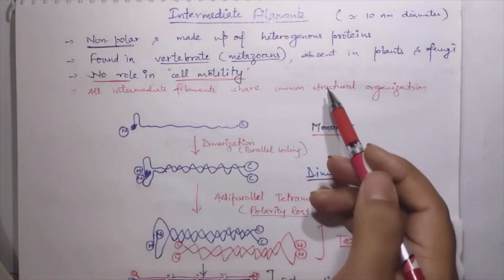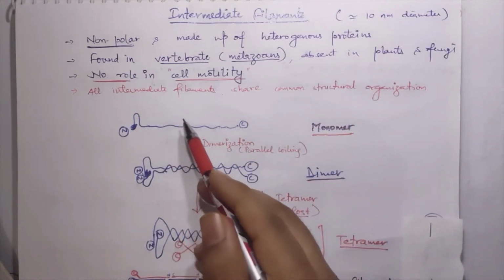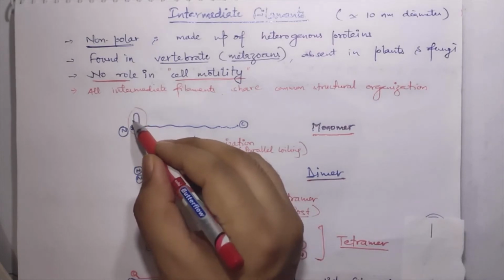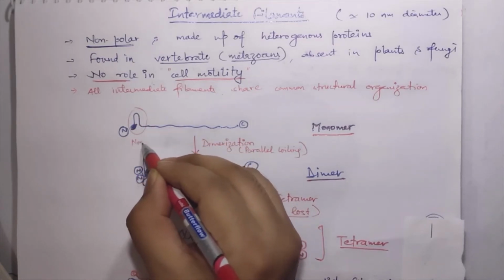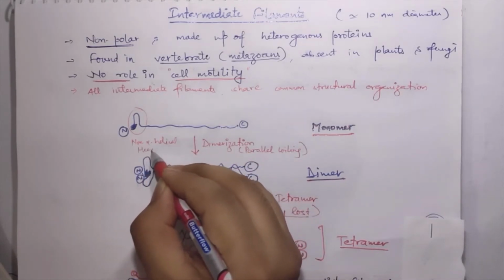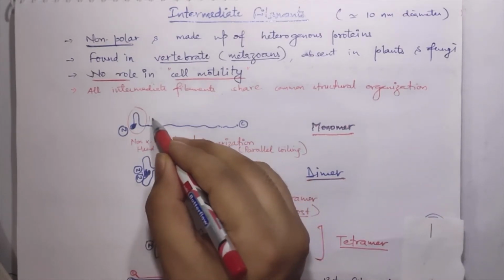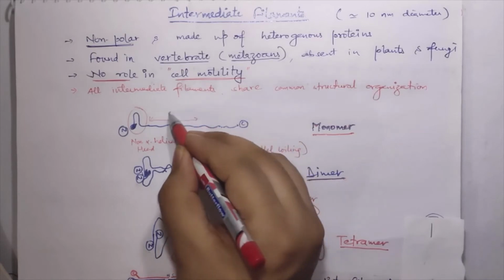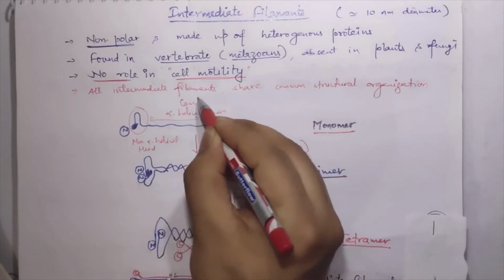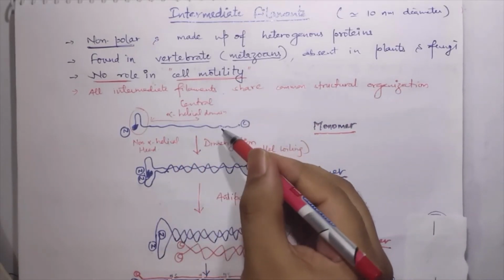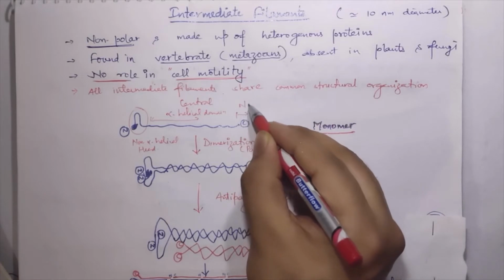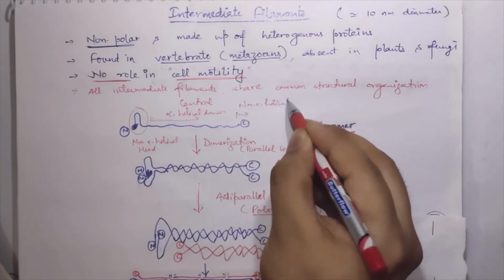The individual molecule of an intermediate filament is an elongated molecule consisting of a non-alpha helical N-terminal head domain, a central alpha helical domain, and a non-alpha helical C-terminal domain.